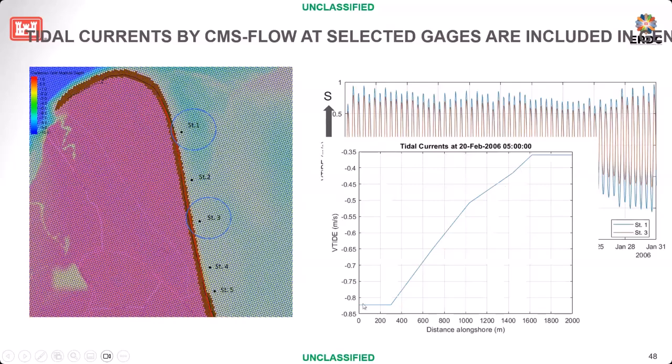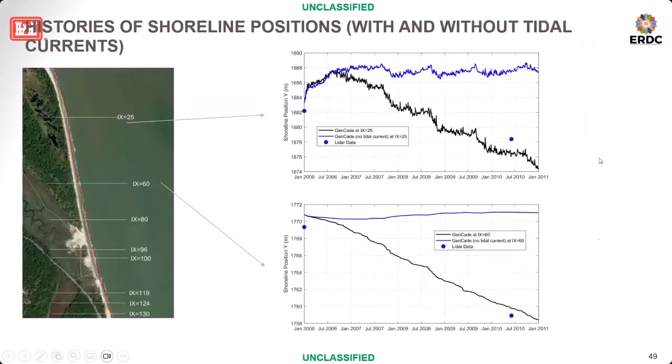And this is just a plot of the longshore tidal current. With the inclusion of those tidal currents, we can compare. The black line is simulated with tidal current. Remember, the current version of the CERC longshore sediment transport equation has three terms. The last term is the contribution by the mean current.